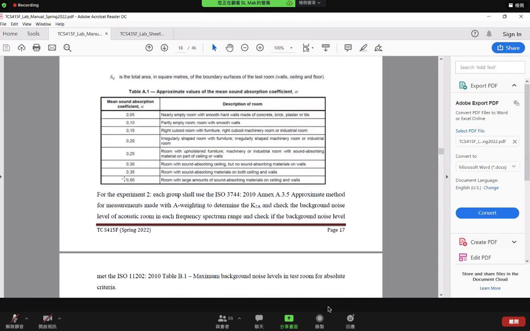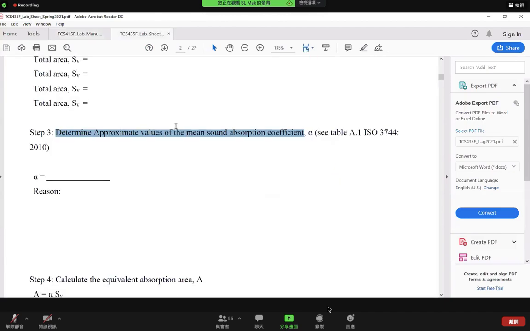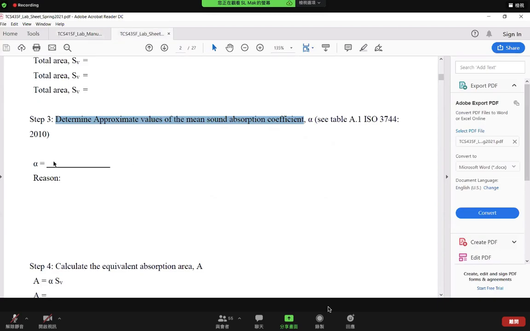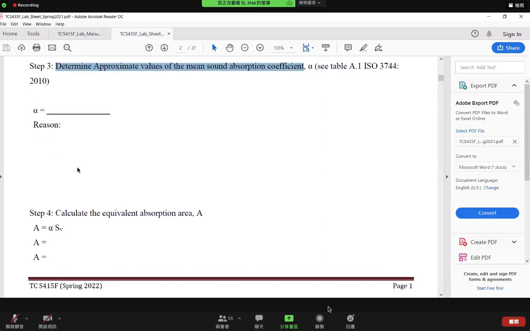The highest value is 0.5, meaning a room with a large amount of sound absorbing material on the ceiling and the wall. 0.35 is with sound absorbing material on both ceiling and wall. You should determine which one is most appropriate in our laboratory. That is why you are required to write down the value and explain why you select 0.5 or 0.35.